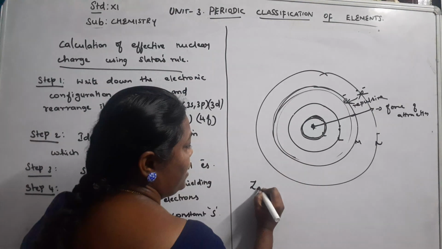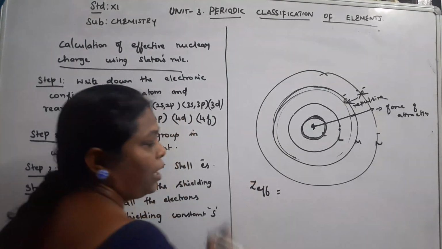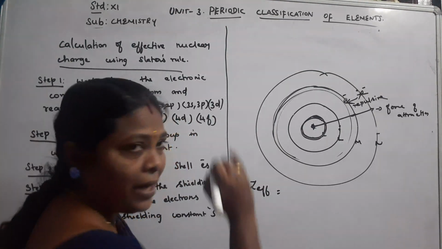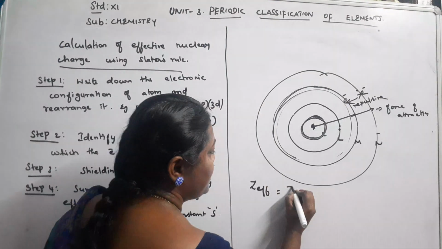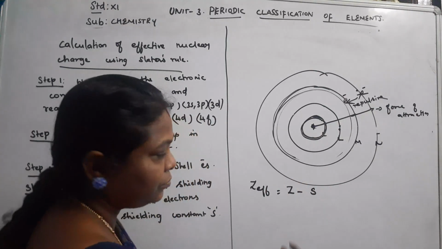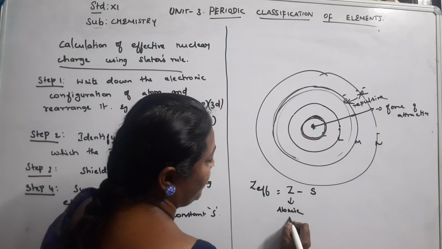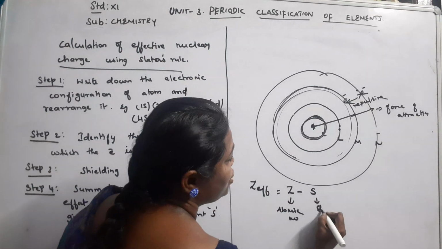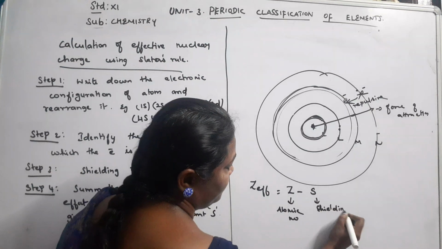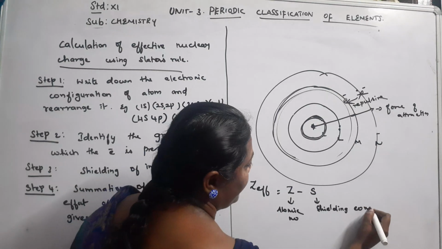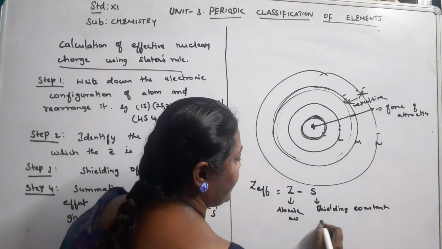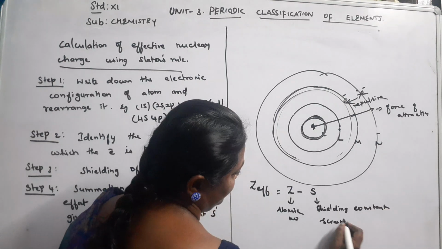Already I told you, Z effective or Z star. Instead of Z effective, we can also write Z star equal to Z minus S, isn't it? Where Z is the atomic number and S is the shielding constant, or otherwise the screening constant.